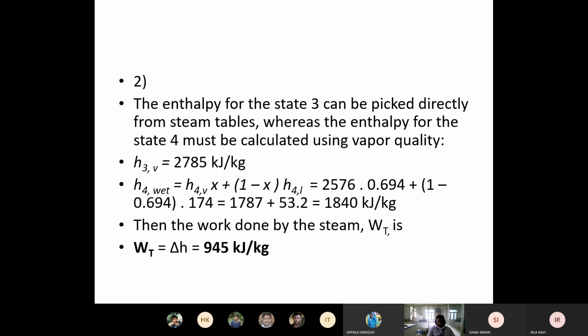What is the X4 value? 0.694. 0.694 is the dryness fraction or quality of the steam. Okay, if you consider the enthalpy difference, H3 minus H4, that will be the work done by the turbine. Okay, what is the next problem?